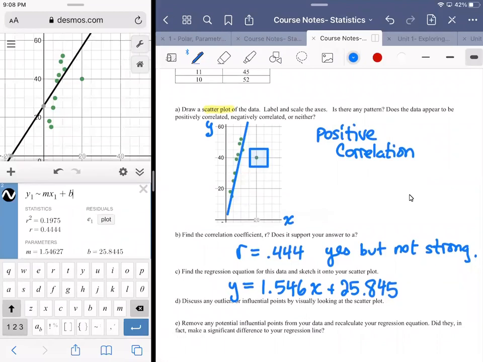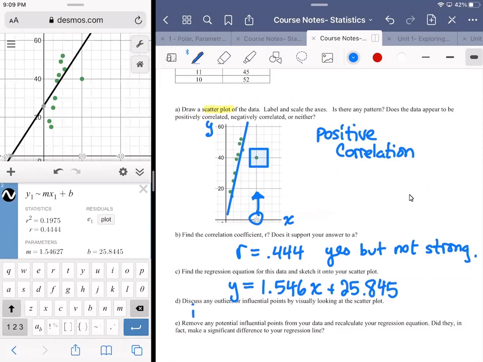All right. Discuss any outliers or influential points by looking at the scatter plot. Well, that point at the x value of 20, right, that one there seems to be an outlier, right? But it's an outlier in the horizontal direction, right? So an outlier that's off the beaten path in the horizontal direction is an influential point.